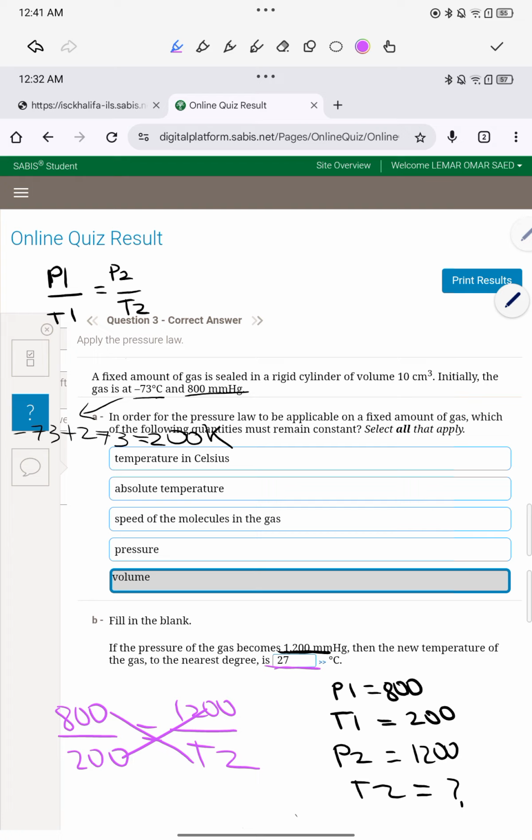When you solve for it, you will get 300. Okay, T2 is equal to 300. Now, minus 273 because they asked for Celsius, so you will get 27. Always convert, even if here it's Celsius and here it's Celsius. Sometimes it will be a different answer, so always convert.